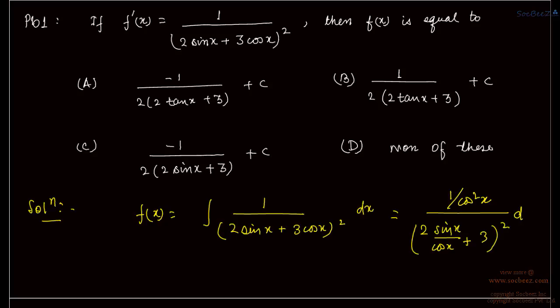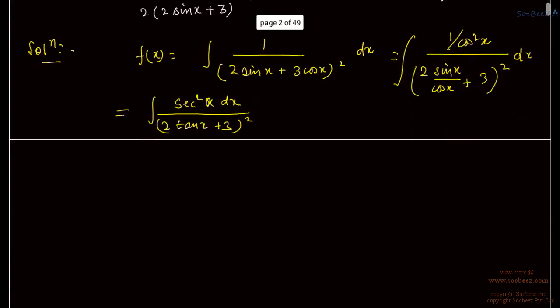Okay. So dividing both numerator and denominator by cos square x, we will be getting this term. Again, this term is nothing but sec square x dx upon (2 tan x plus 3) square, right?